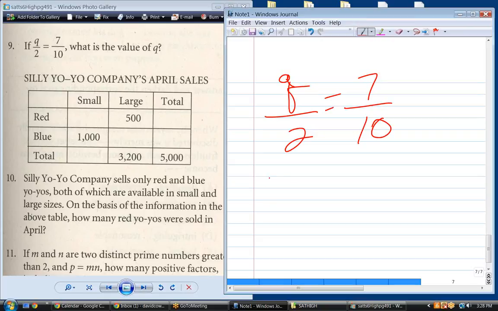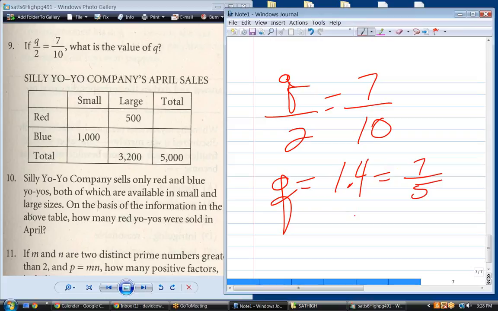What is Q equal to here? Q is going to be 1.4. Okay, you could grid it in like that. It's also 7/5. You could grid it in like that.